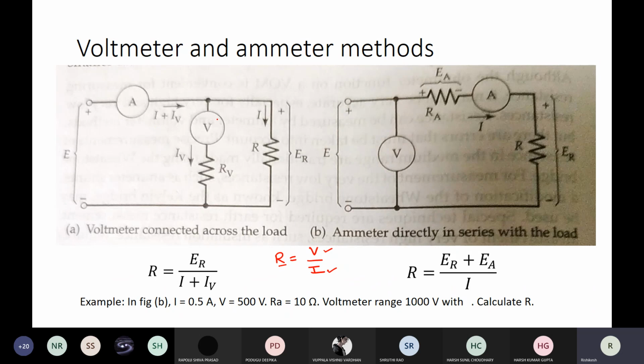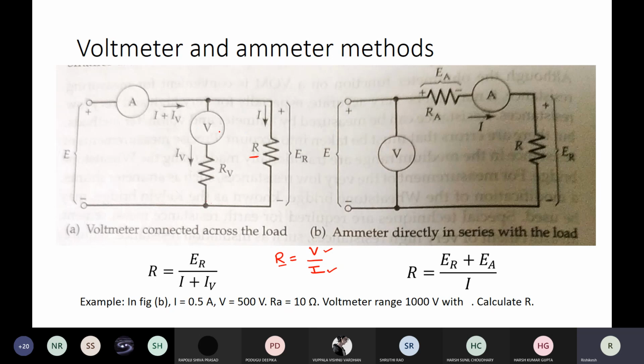One is that you first put the voltmeter in parallel with the unknown resistance, which is the resistance we are trying to measure, and then the ammeter is connected in series with this arrangement of voltmeter in parallel with the resistance. The other is that you keep the ammeter in series with the resistance to measure the current through it, and connect the voltmeter across the series combination of ammeter and unknown resistance. There are only two ways possible here.